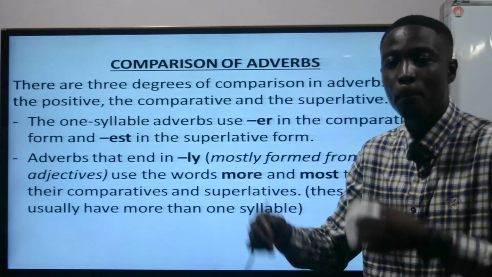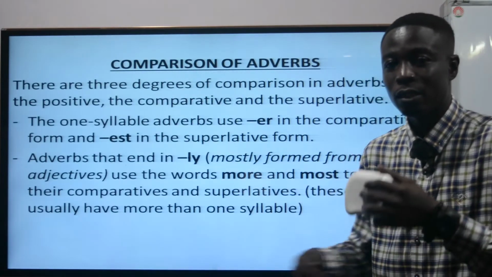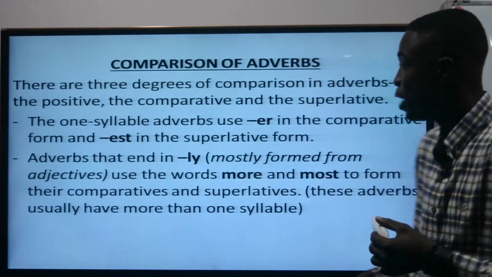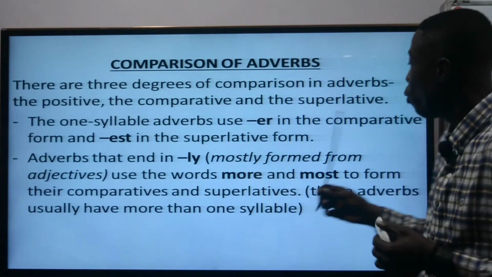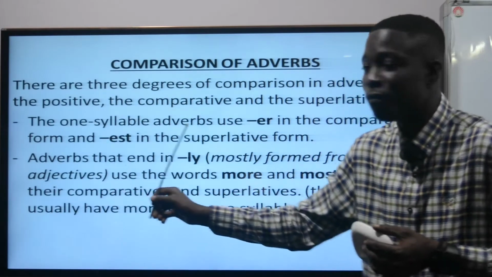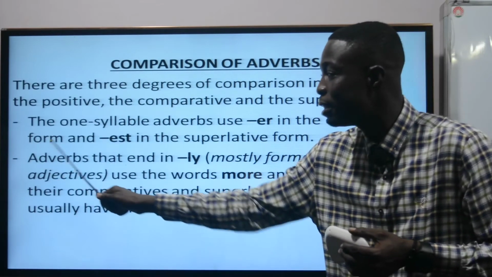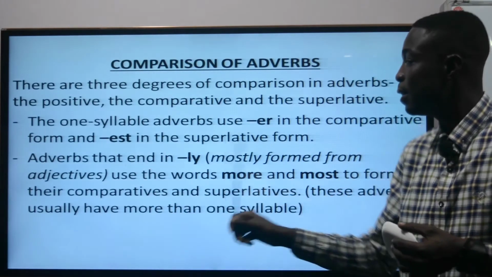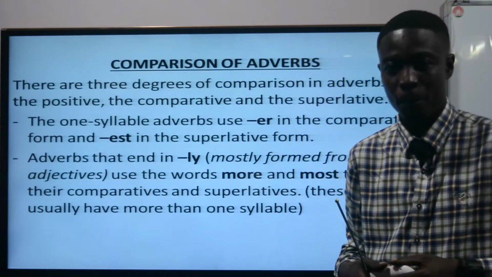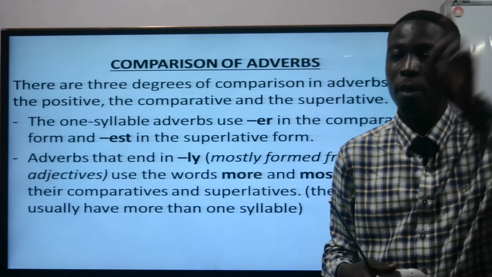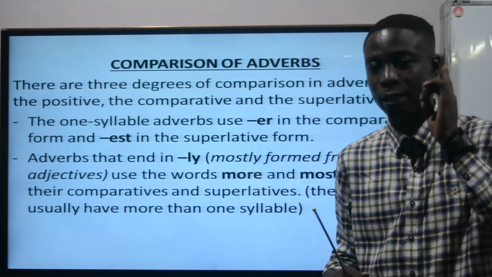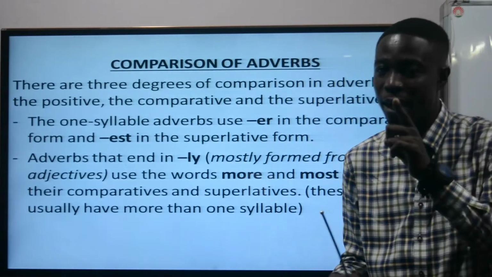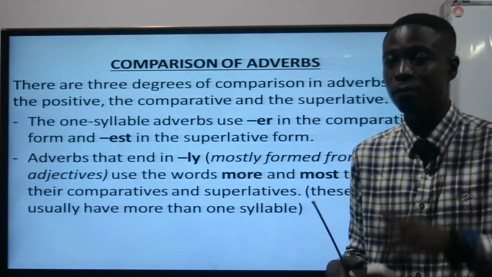When you are forming the comparative of adverbs, just as we did with adjectives, we add ER to a one-syllable adverb to form the comparative, and then we add EST in the superlative form. I hope you have remembered what we did in adjectives. If you have not, then kindly revisit your adjective lesson.